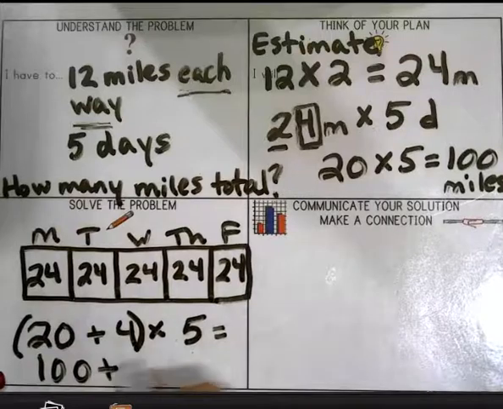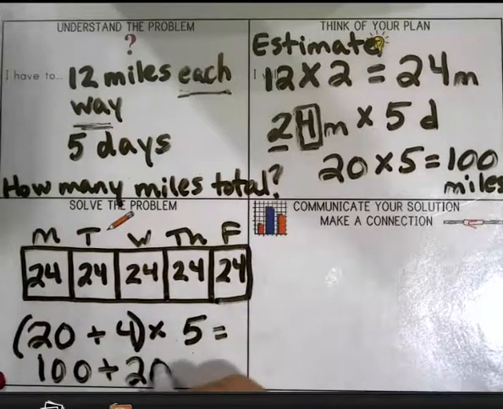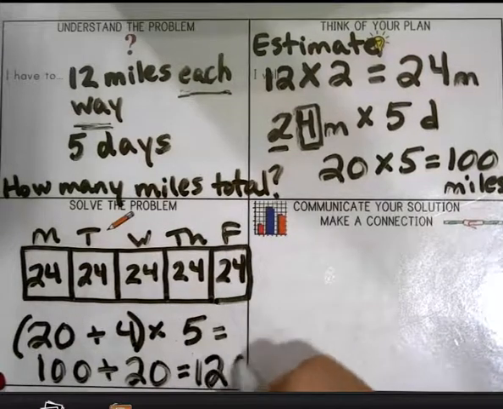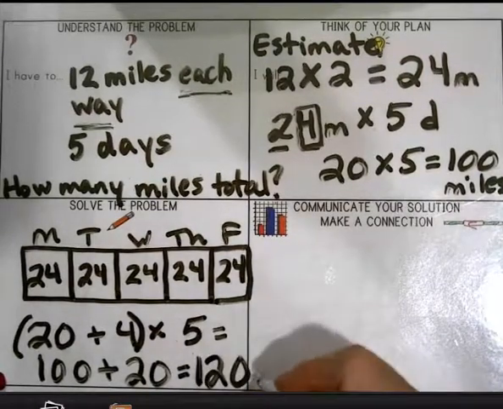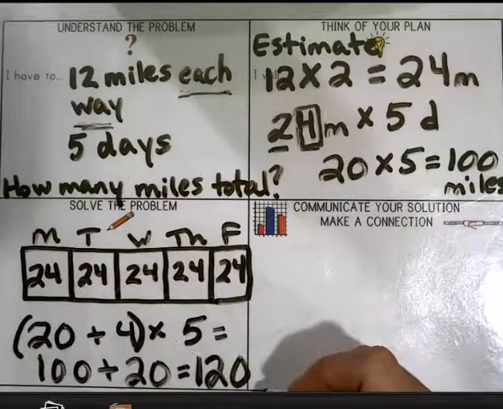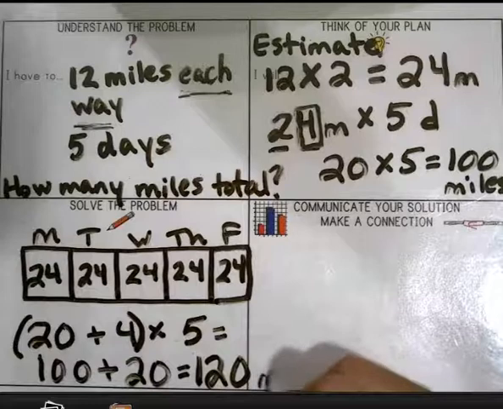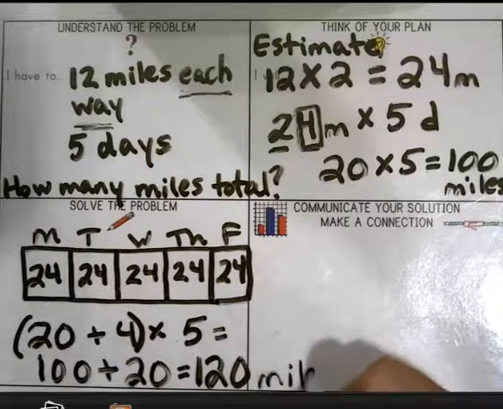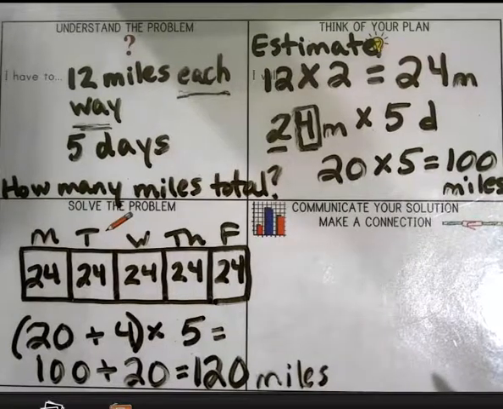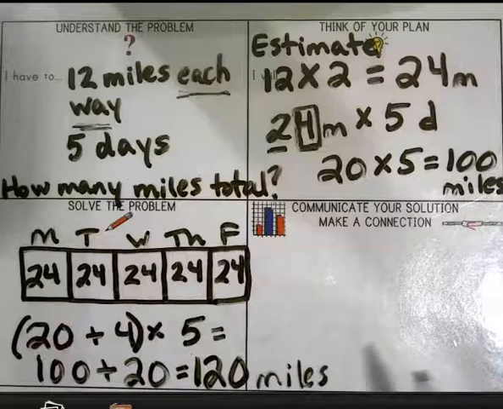So I'm going to add 100 and the 20 to give me 120 miles. Okay. So to get to and from work each week, I am traveling 120 miles.